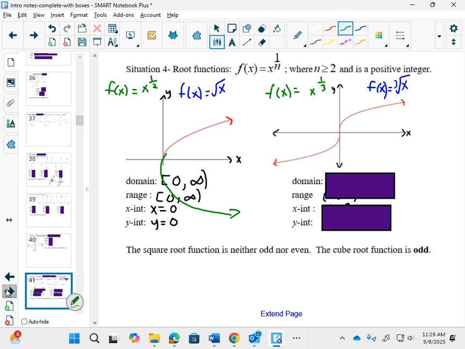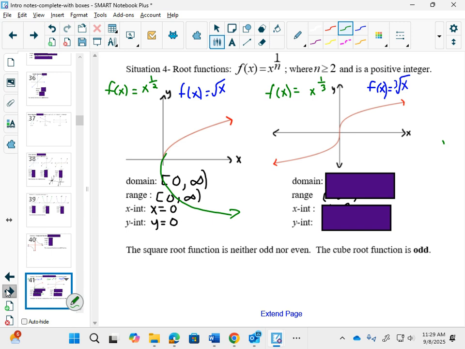But with cube roots, you're allowed to cube root negatives and cube root positives, just like you're allowed to cube negatives and positives. Can you see the x cubed graph kind of on its side?